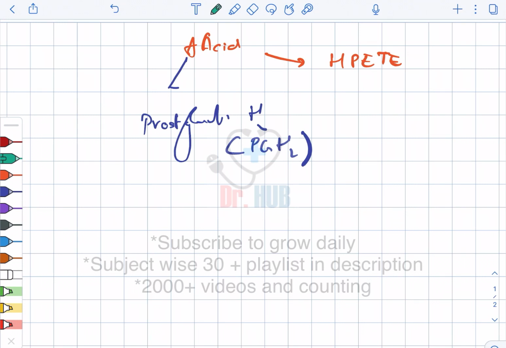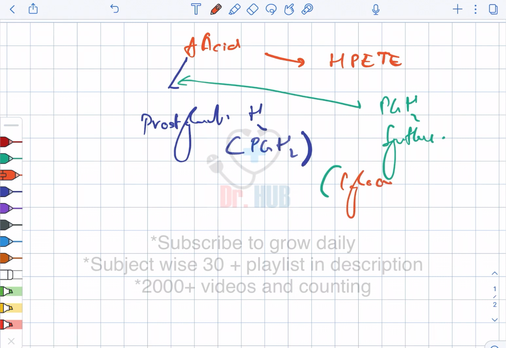The enzymes which are used are the PGH2 synthase, the cyclooxygenase, that is COX-1 and COX-2, as well as the peroxidase.